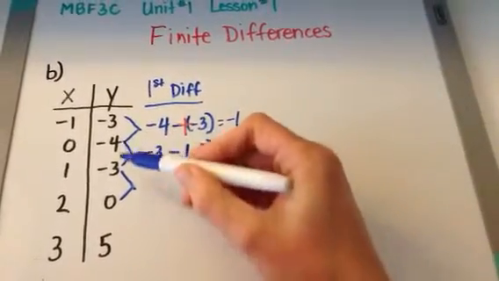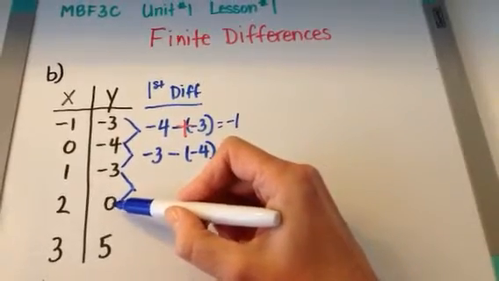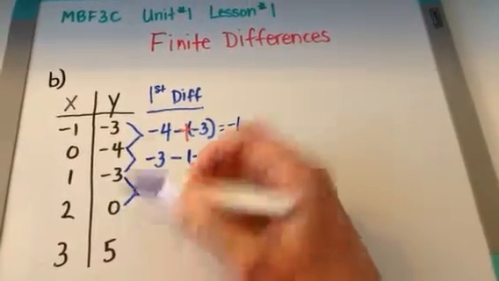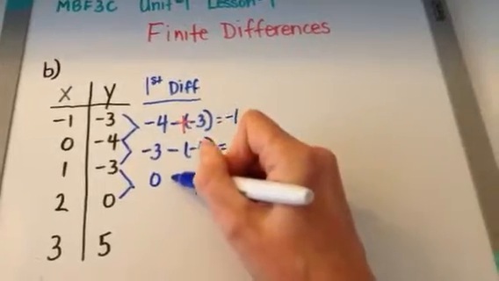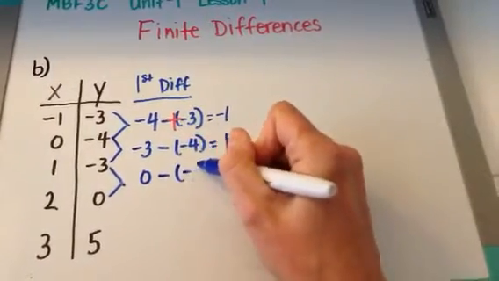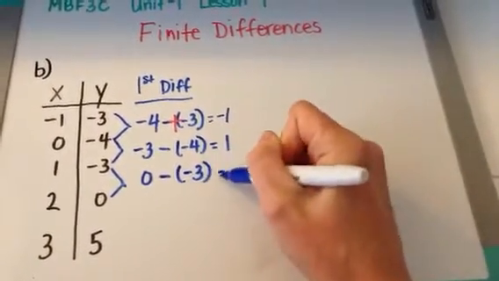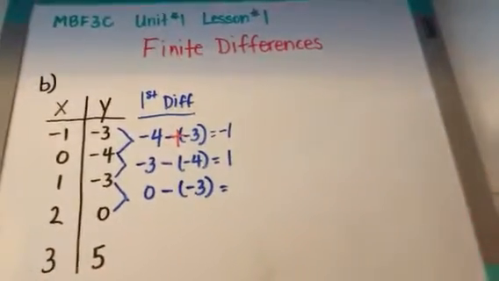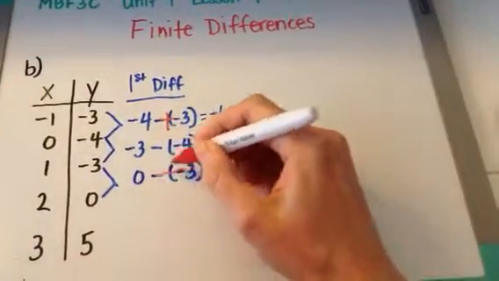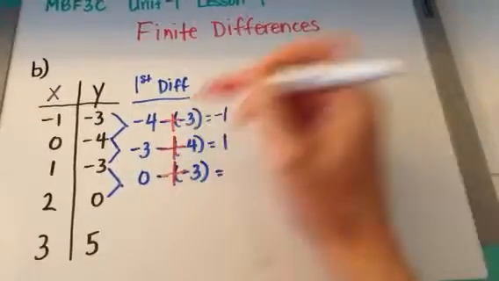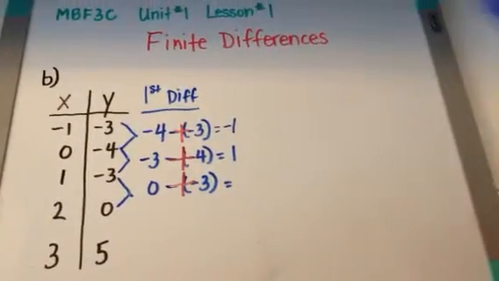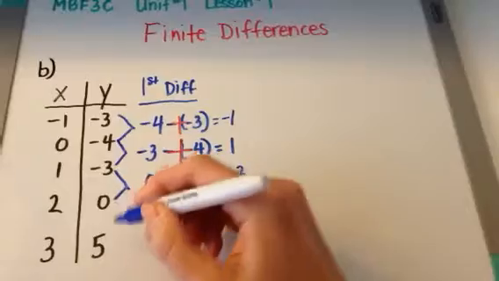And we go on to our next two numbers. Here we have 0, take away from -3. And again, we have two negatives. Two negatives make a positive. So that becomes +3.